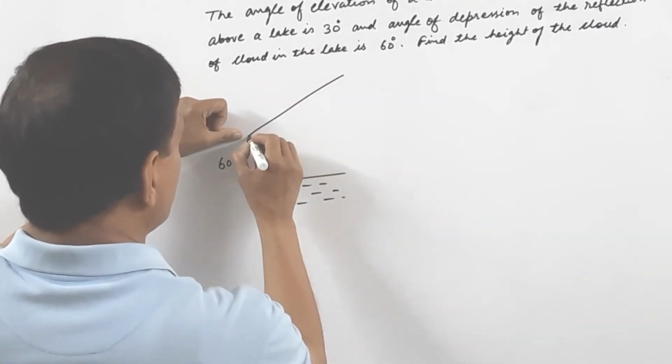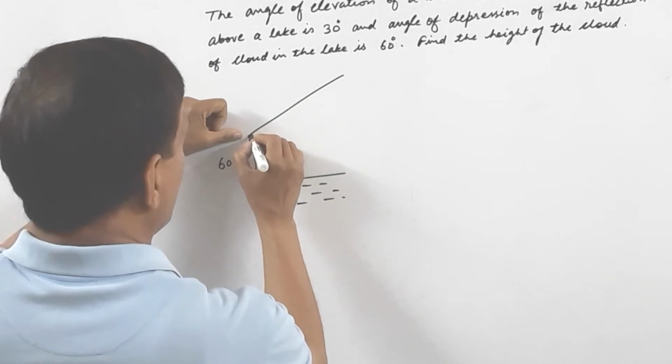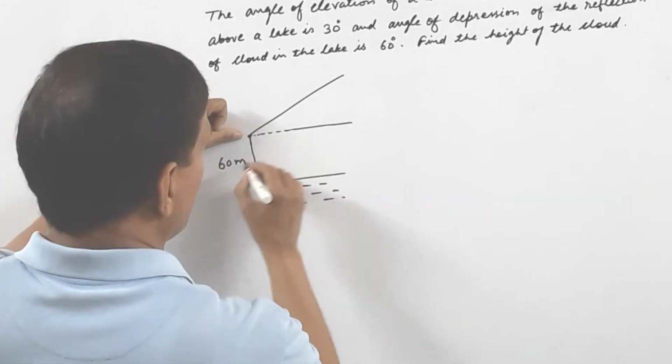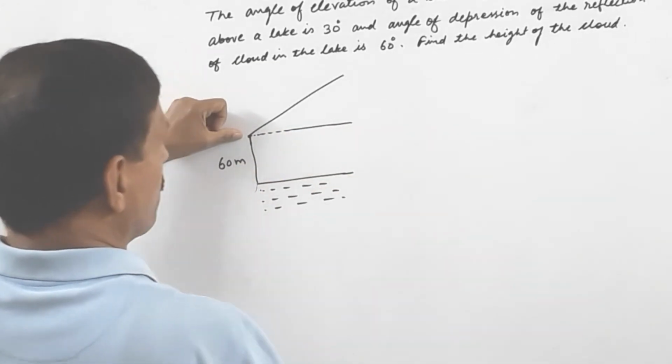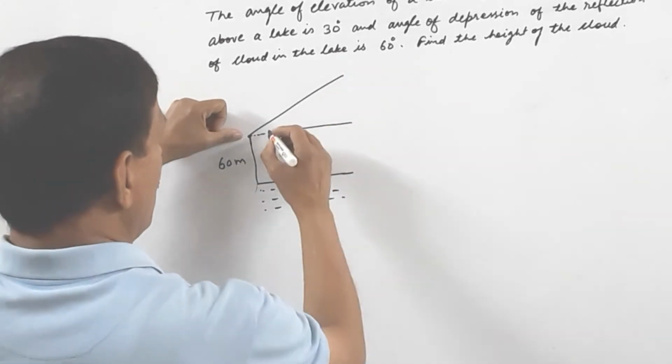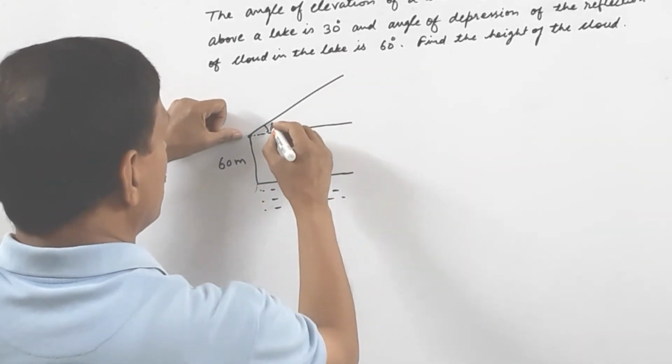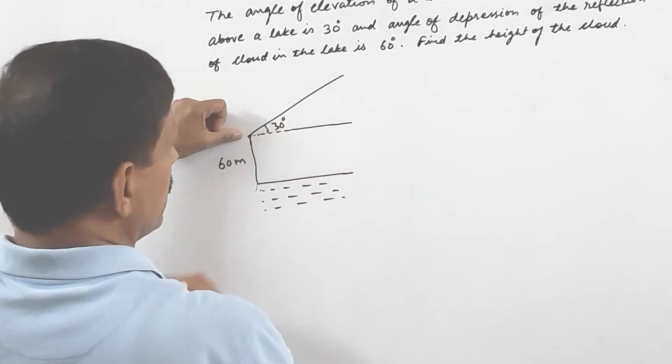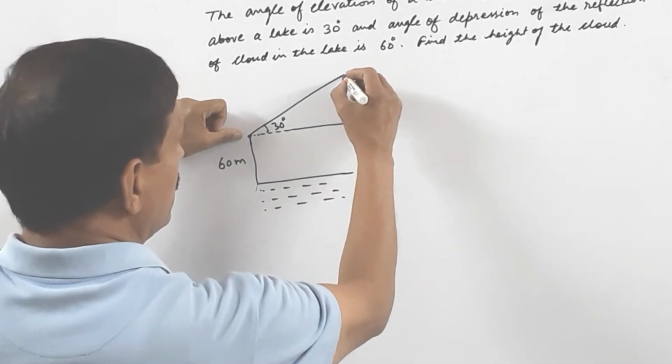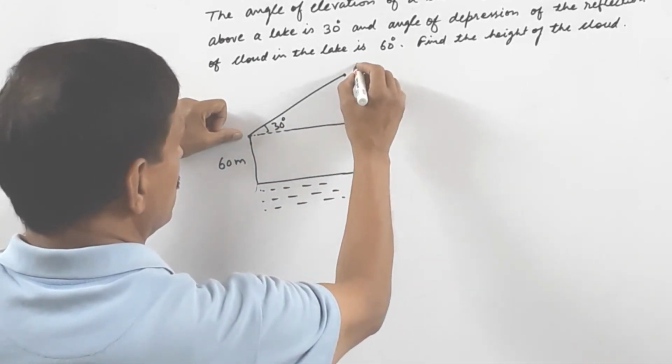So from this point we draw a line parallel to the base. This angle is 30 degree and here is the cloud, say C.